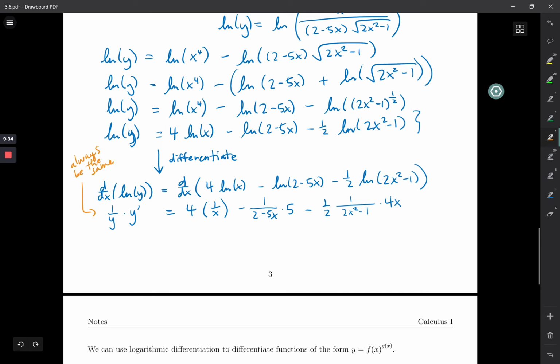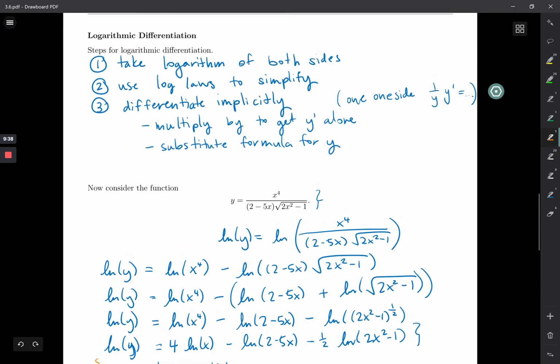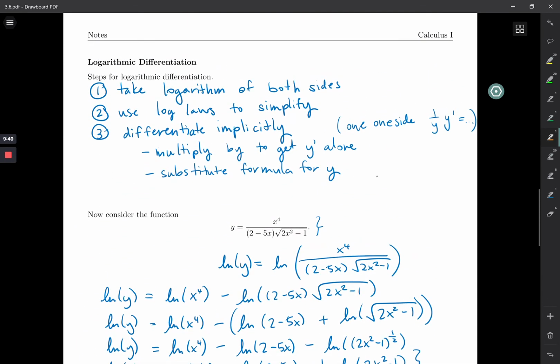So this piece will always be the same in every problem. Okay, and that is what I was referring to up here when I said, oh, that doesn't make sense. So I meant to say on one side, usually the left-hand side, because we usually write y equals whatever we're trying to take the derivative of, we'll get 1 over y times y prime.